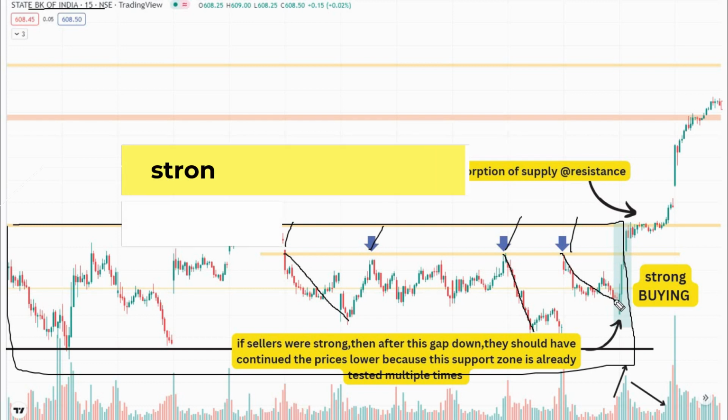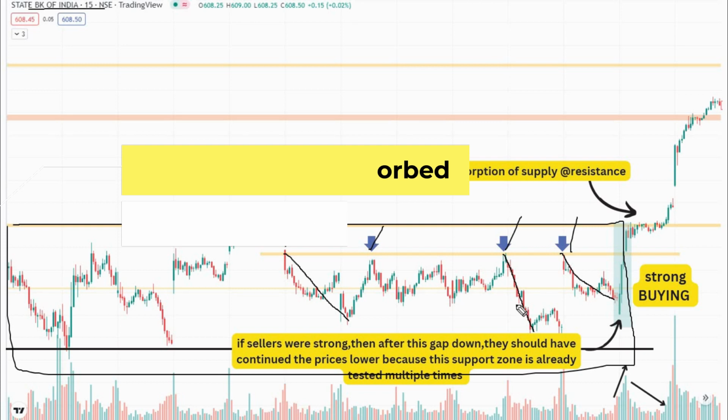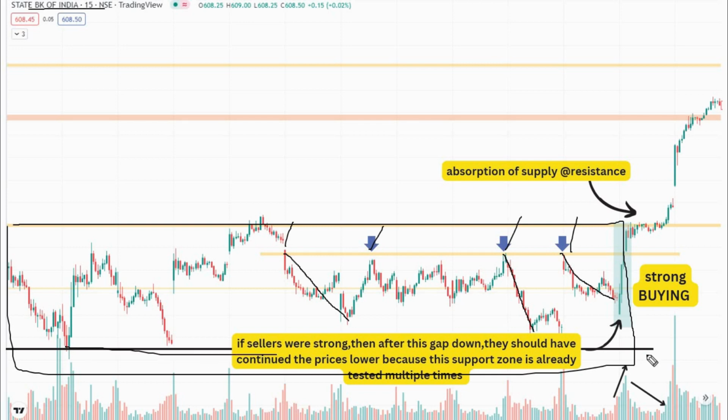So what is this indicating? Sellers are trying multiple times, but still they are not able to break the support level and continue the downward momentum. So what is this indicating? It is indicating that although sellers are very strong, buyers are also giving a very tough fight to the sellers.